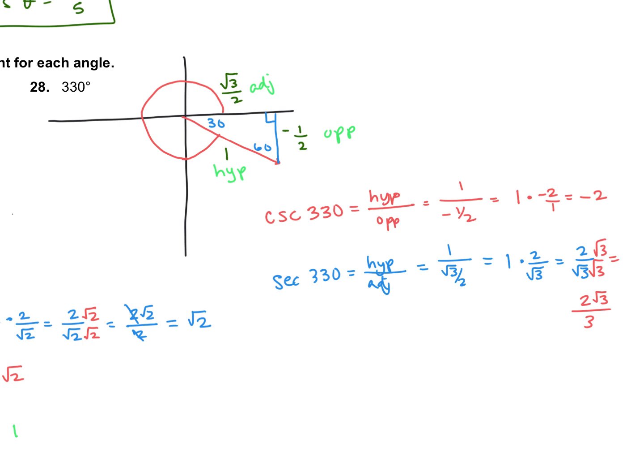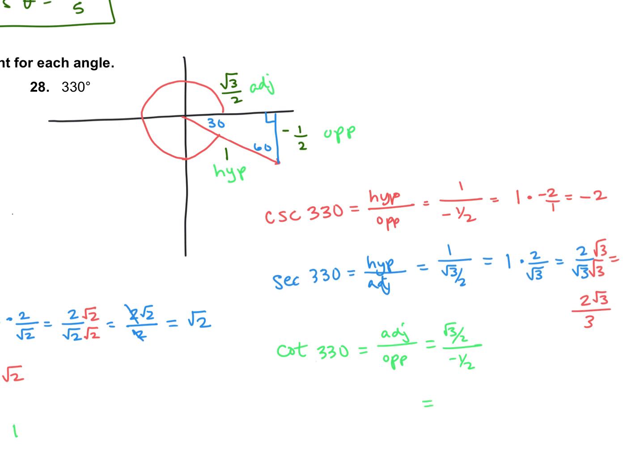So very last one, we have cotangent of 330 degrees. That's the reciprocal of tangent, so it's going to be the adjacent side over the opposite. Adjacent is root 3 over 2. Opposite is negative 1/2.